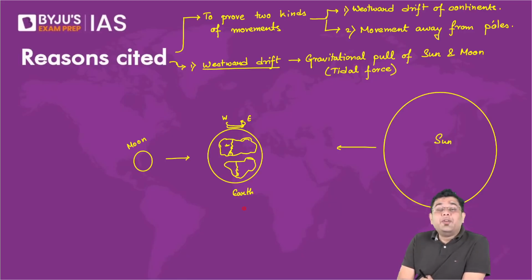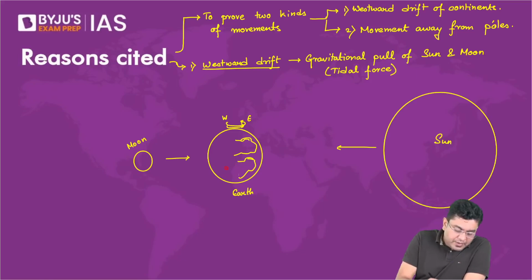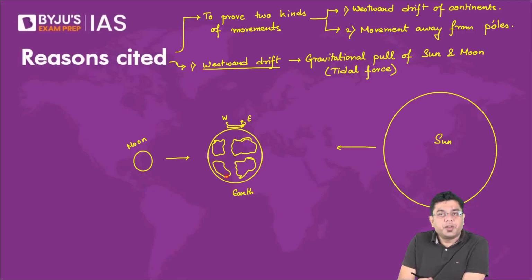Because the land was being held by the moon, apparently, as per Wegener. Not only would they crack up, eventually this land, after some time, would get separated here, because it is being held by the moon as the planet is revolving. Right.